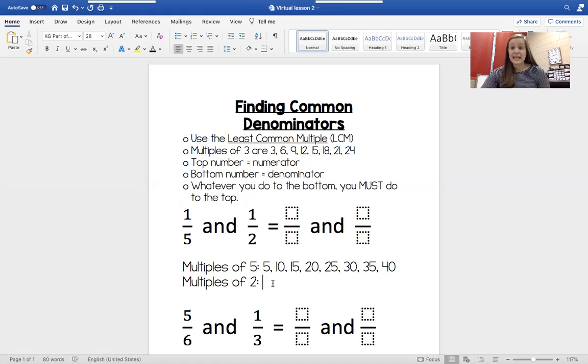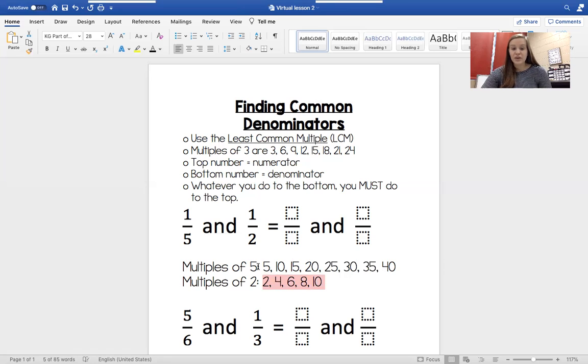Now, we're going to list multiples of 2. We are going to stop when we get to any of the numbers that we've already listed in our multiples of 5. So what are our multiples of 2? 2, 4, 6, 8, 10. Oh, pause. Do we have any of these numbers in our multiples of 5?